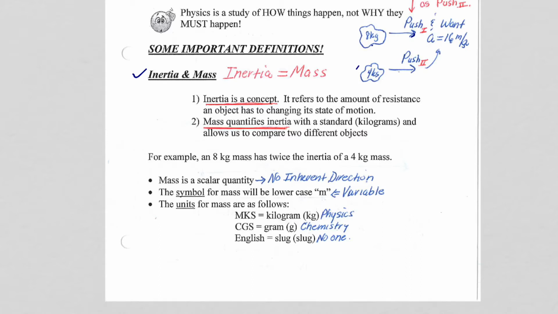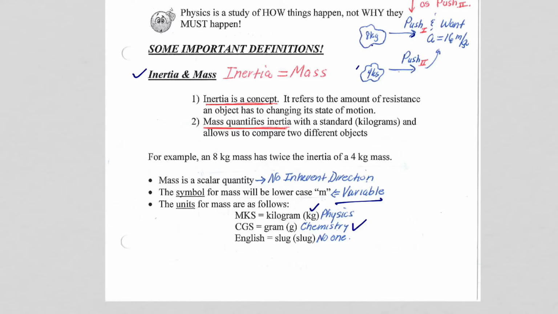That's just silly. You would never put direction with a kilogram measurement. The symbol for mass is m, so that's the variable that we are going to use. The units for mass are kilograms in physics. In chemistry, you probably have realized you used grams.